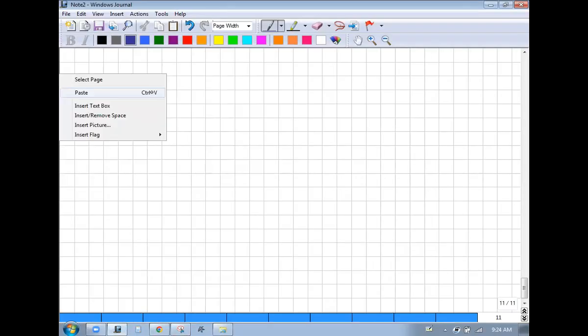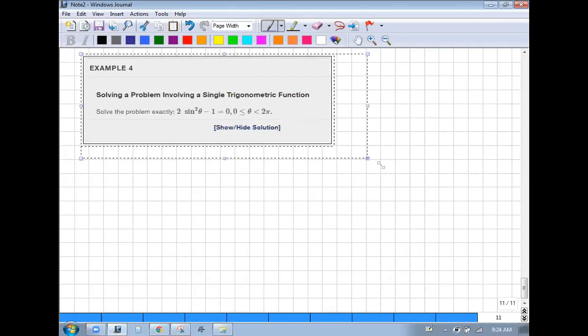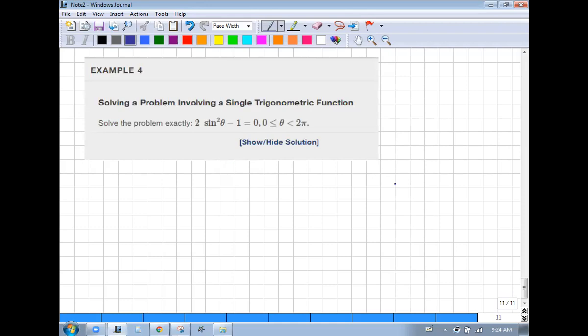The book does like 7 or 8 really simple examples, and then they give you this super hard one. So I want to make sure that we can make it to the hard ones, you know, because that's what's going to be on the homework, right? So here, let's see. I need to rearrange this a little bit. This is the same thing as if I added 1 to both sides. Okay, divide both sides by 2.